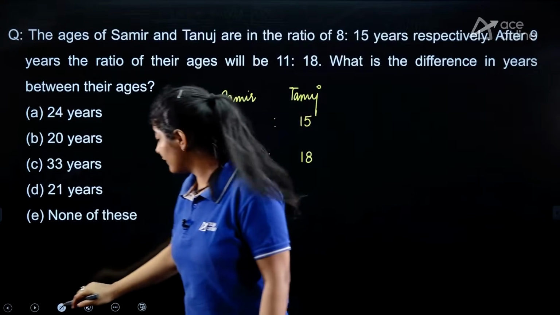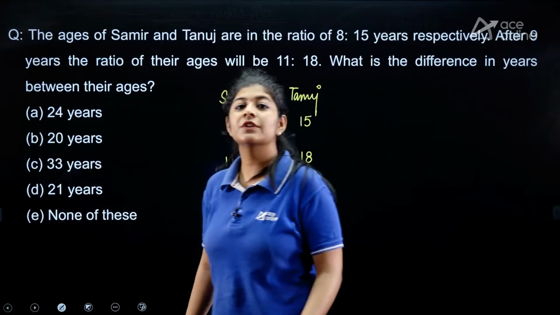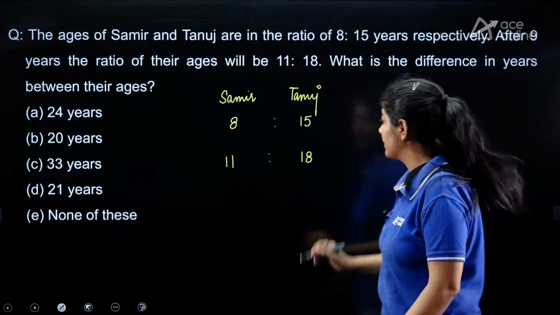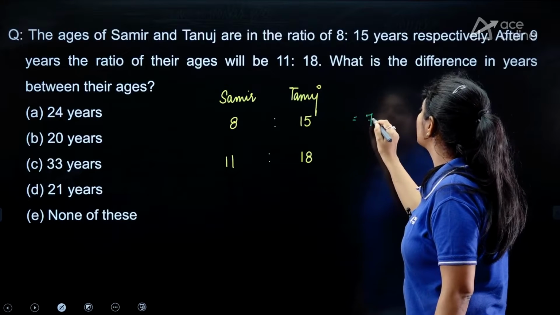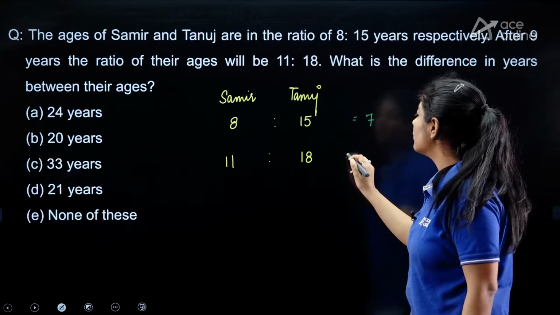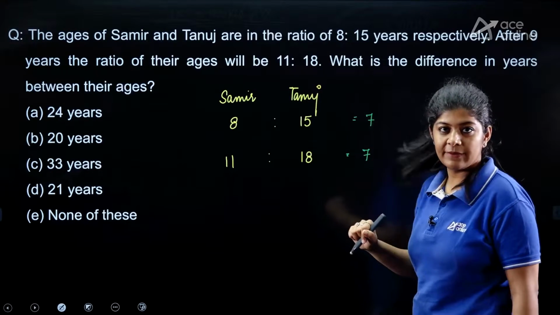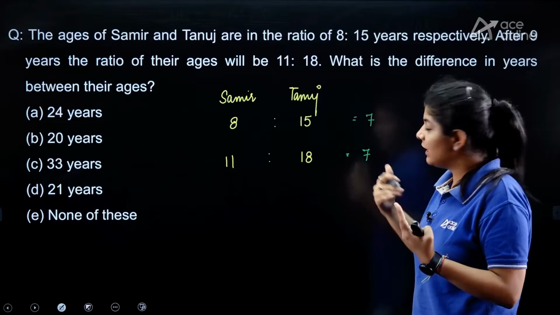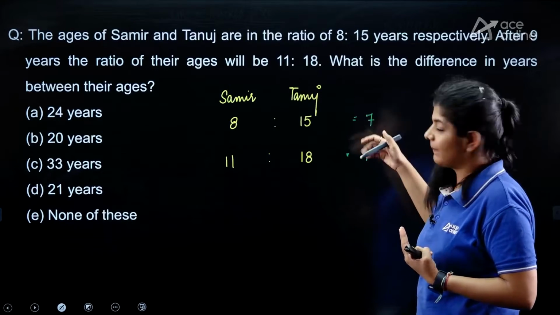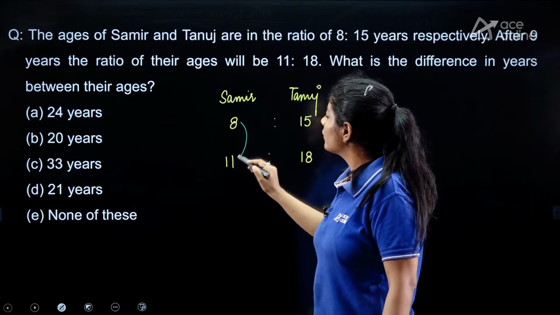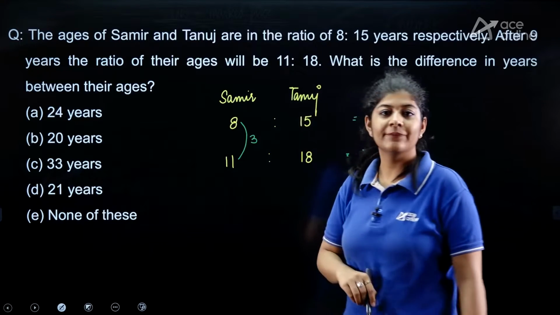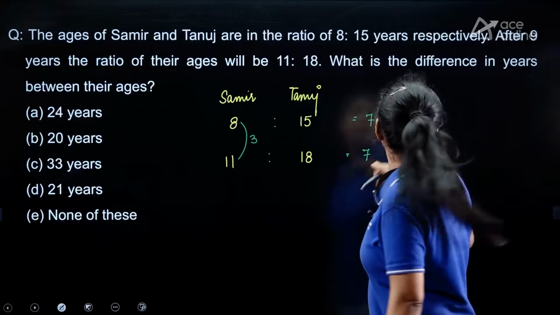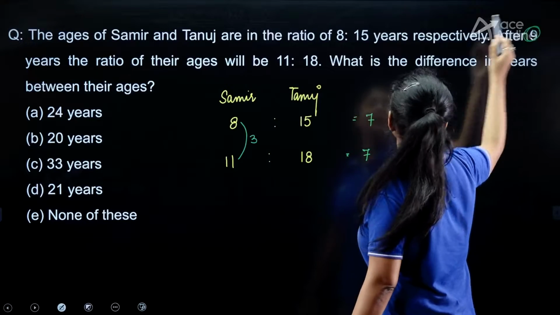Whenever we have these kinds of questions, first we need to check the age difference. Here the age difference between them is 7. Here also it is a multiple of 7. That means there is no requirement of doing the equation of the age gap. Now here we are getting a gap of 3. Why? Because of these 9 years.